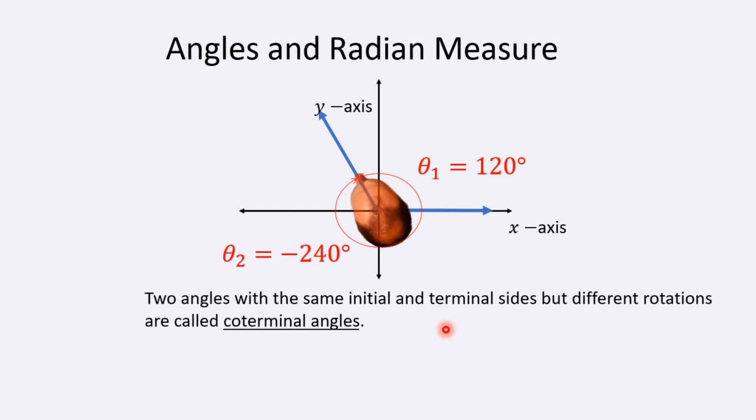All right. What if I also start with the same initial side, so the angle is going to be in standard position? What if I rotate one full revolution, but then I go beyond that and I land on that exact same terminal side? So that angle is going to be more than 360. It's actually going to be 480 degrees. 480 degrees is bigger than one full revolution, more than 360 degrees, but it is coterminal to 120 degrees.